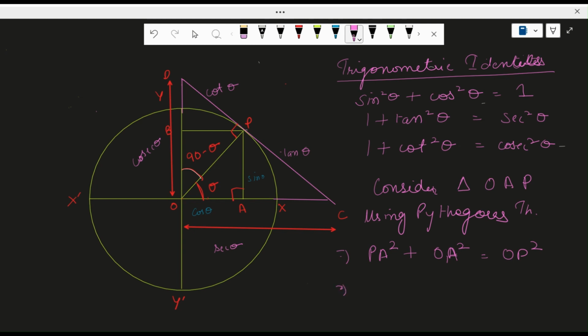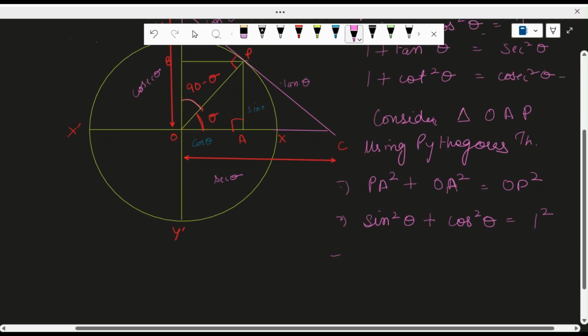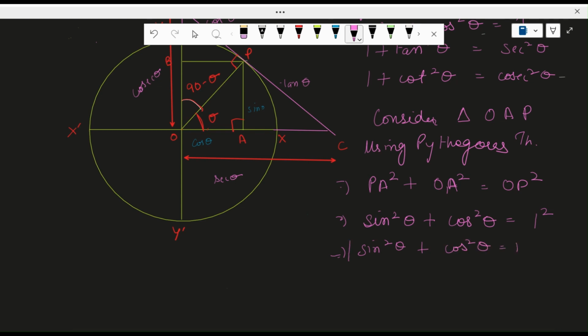PA is sine, so square will be sine square theta. What is our OA? That is cos, so cos square theta, and the value of OP, that is radius, is 1. So what do we get? Sine square theta plus cos square theta is equal to 1. That is our first identity.